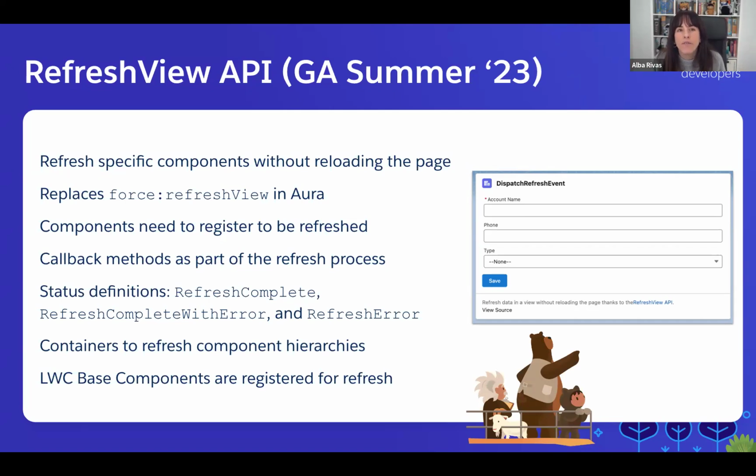I'm seeing here a question. Thank you, Kevin, for your question, which is: which one is the default, light or shadow? The default is shadow DOM, and it is the default because Lightning Web Components implement vanilla web component standards, and having a shadow DOM is part of those standards.